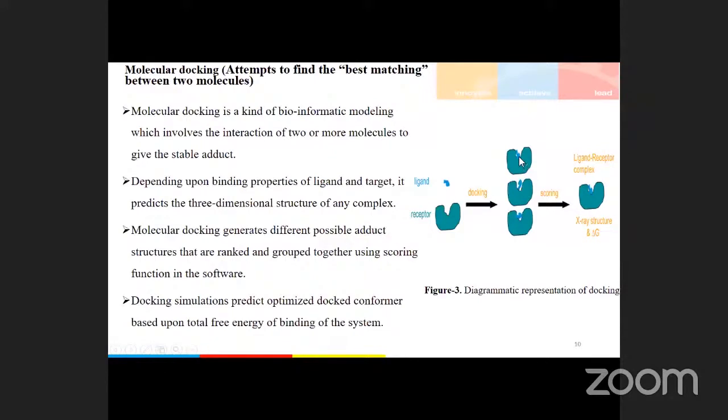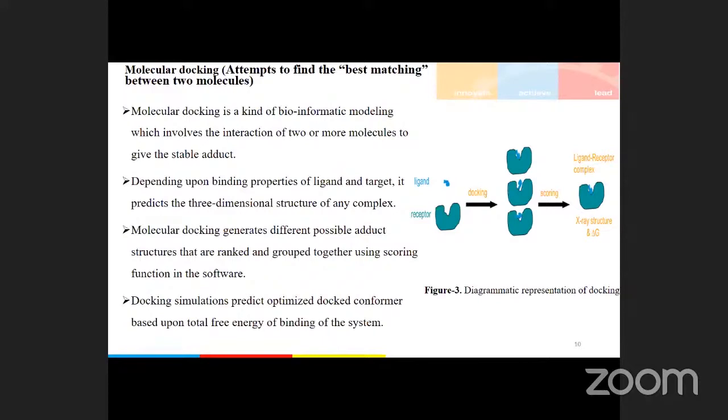Based upon its binding, its docking pose, or its binding affinity, we will get the docking score. The docking study results will be represented in terms of the docking score.